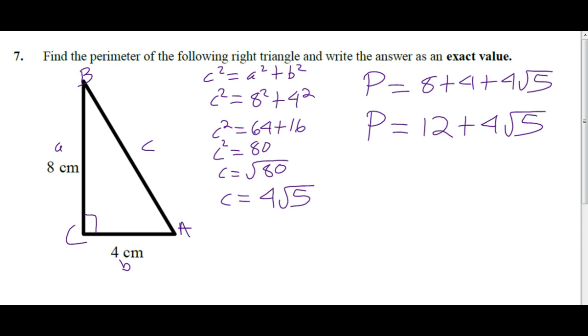So exact value will either be a fraction, 1/3, don't change it into 0.3. It could be a fraction like 2/5. It's not a mark-losing offense if you were to write 12.5 as an exact value, because that is exact. So any decimal that terminates, you can write as the terminating decimal.